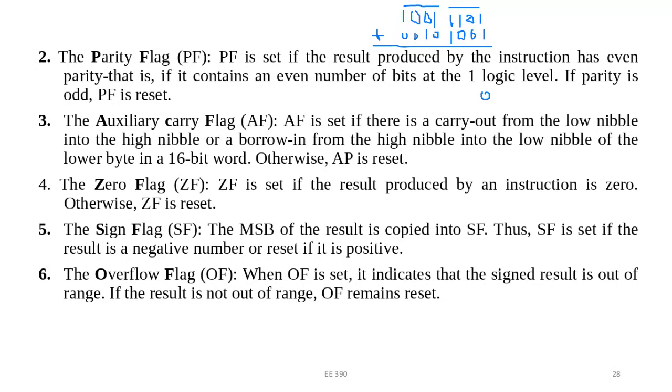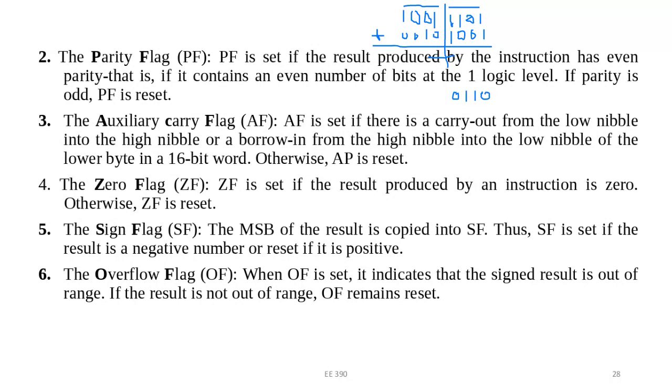Then 0 plus 0 is 0, plus carry 1, so it becomes 1. And then 1 plus 0 is 1. And 1 plus 1 is 2. 2 means 0, we have a carry 1. So look at here, a carry out happens from the lower nibble to the higher nibble.